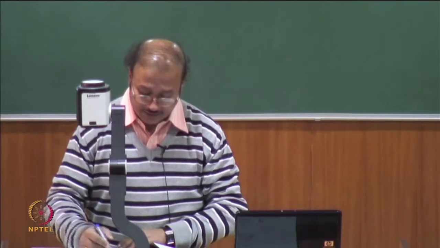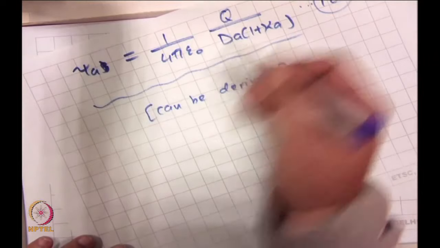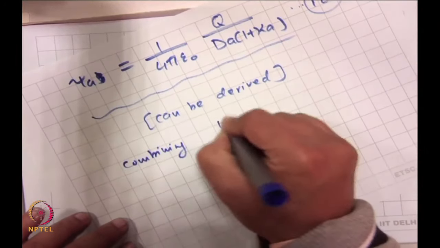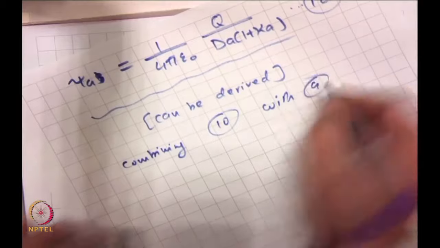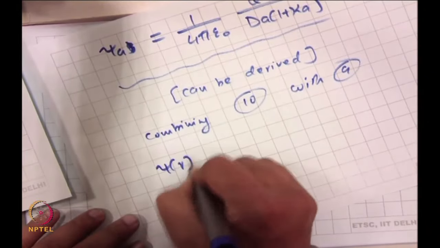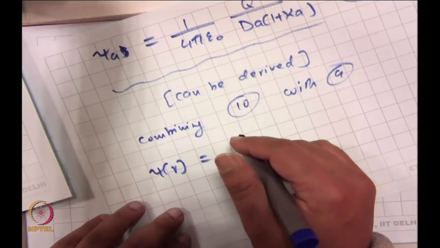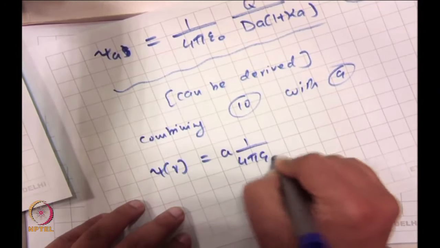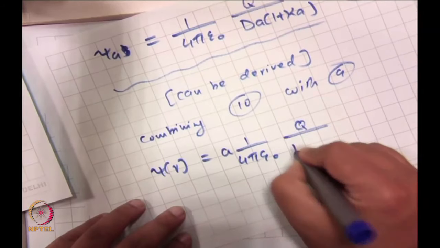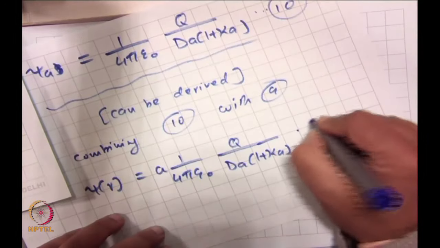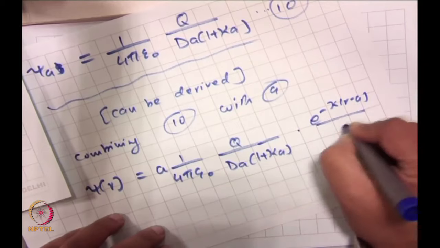Combining 10 with 9, where psi of R is equal to this, I can write psi of R is equal to, please make sure you follow it, psi of A, which is 1 by 4 pi epsilon 0 Q by d of A times 1 plus kappa A, then e to the minus kappa R minus A over R.